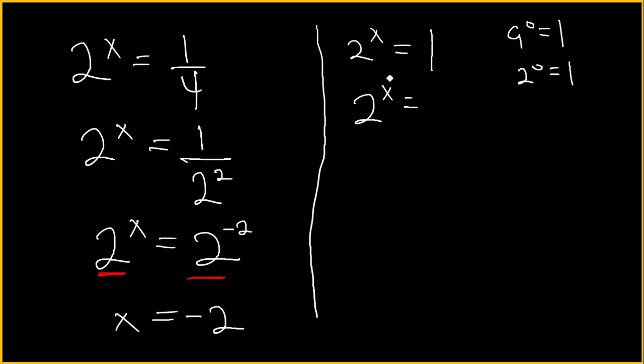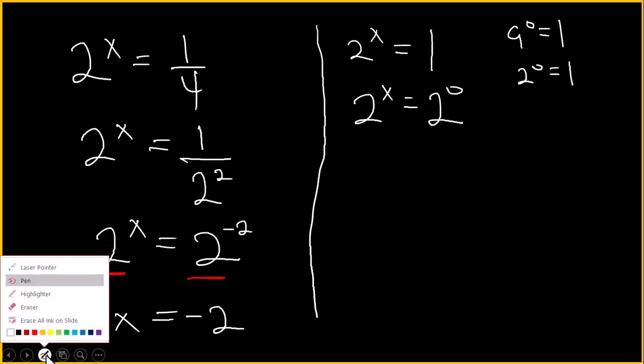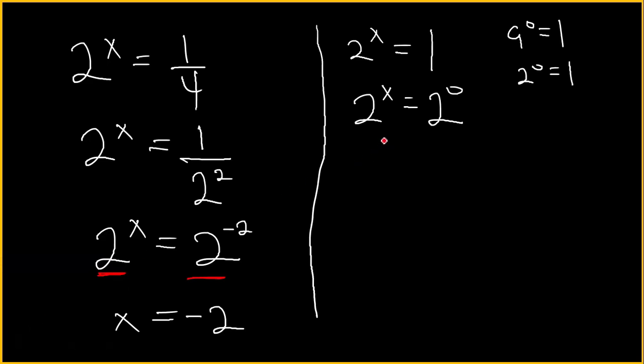Since we want to make the bases the same, 2 is taken as our base and 0 as our exponent. And since the bases are the same, we equate the exponents.